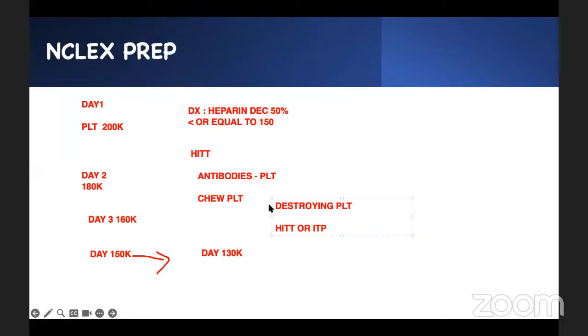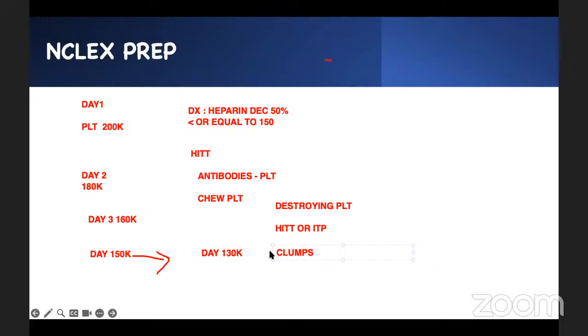It's on the screen. I'm not destroying the platelet, but something is happening to it. The platelets are coming together, forming clumps, right?